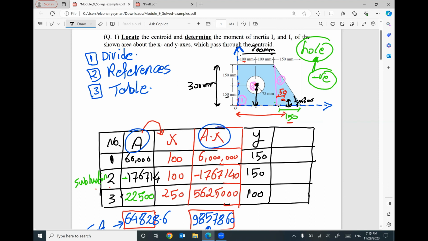Then I will multiply this column by this column, area times Y. So 60,000 times 150, I got 9 million.